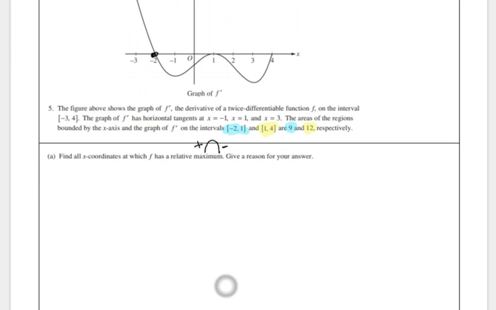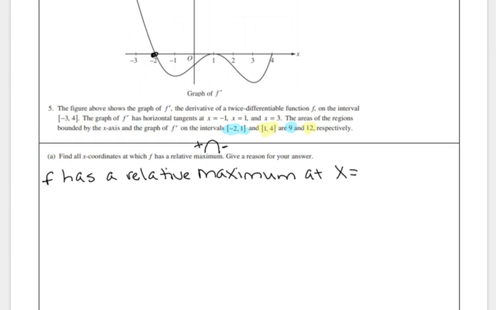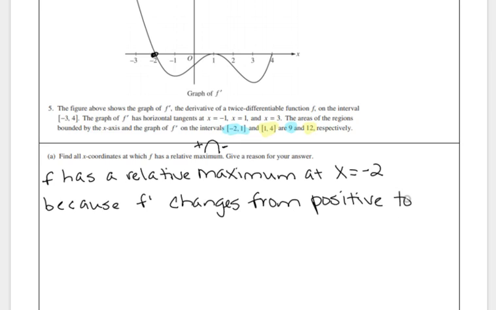So f has a relative maximum at x equals -2, because f prime changes from positive to negative at x equals -2. Sorry, I keep forgetting the negative.